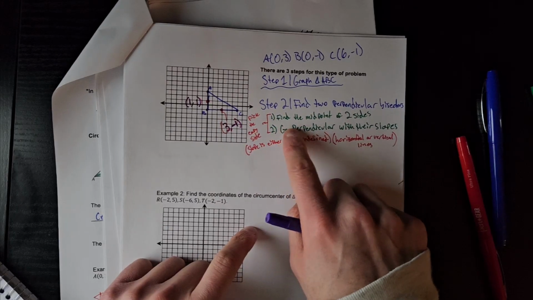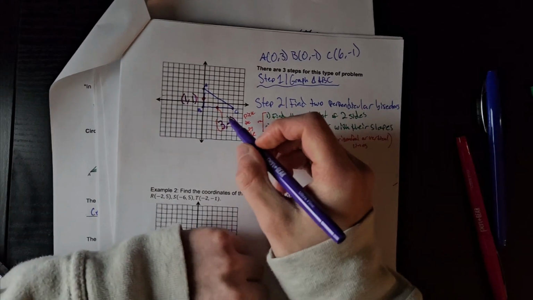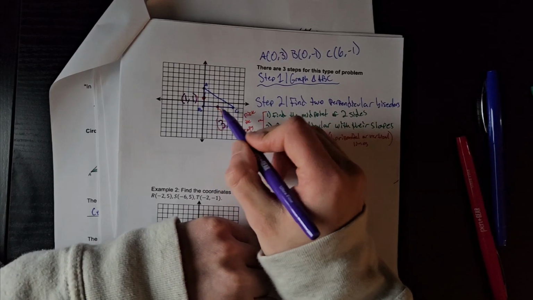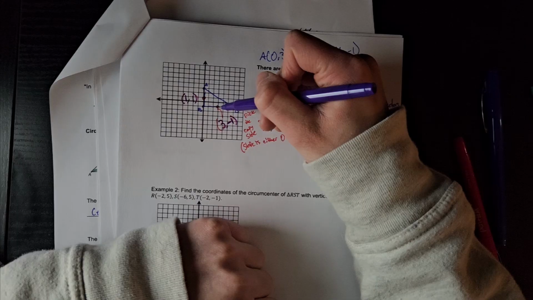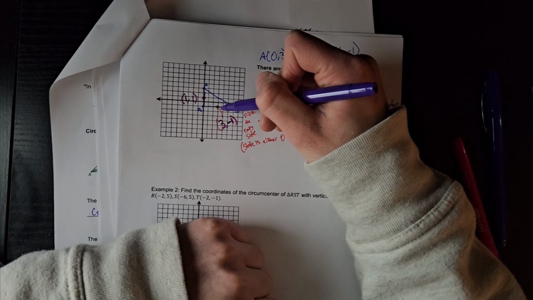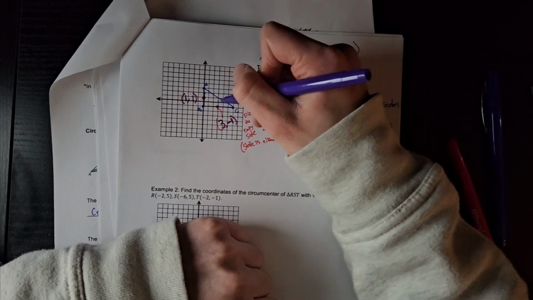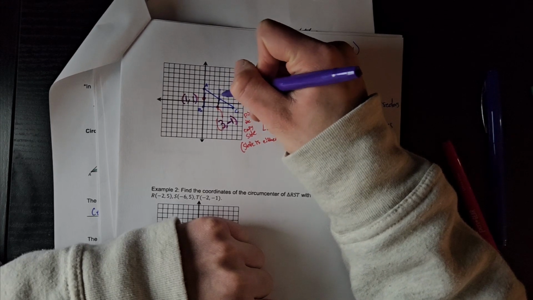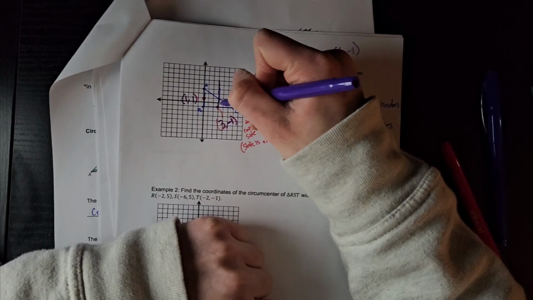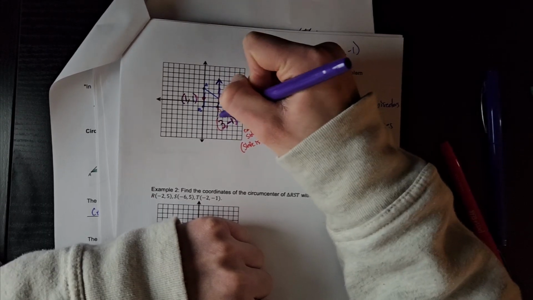Step 2 is to go perpendicular to those slopes. If we look at BC, it is going horizontal. At this midpoint is where I'm going to add in that perpendicular slope, because we're basically adding a perpendicular bisector. So just go straight up, vertical.